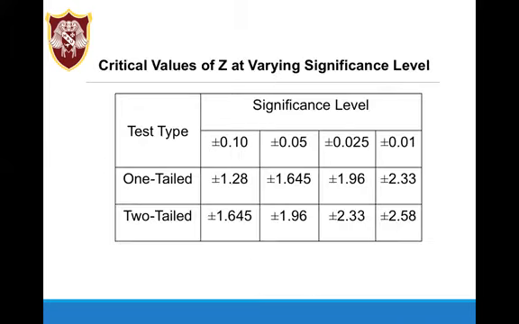All right, so this is the z distribution. This is where we find the tabular value or critical value when we perform z-tests, depending on the level of significance and the type of test, whether one-tailed or two-tailed.